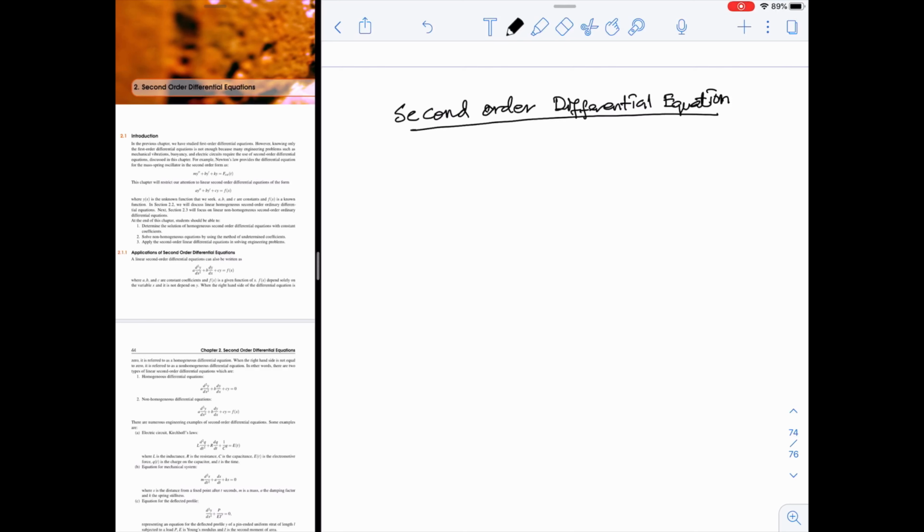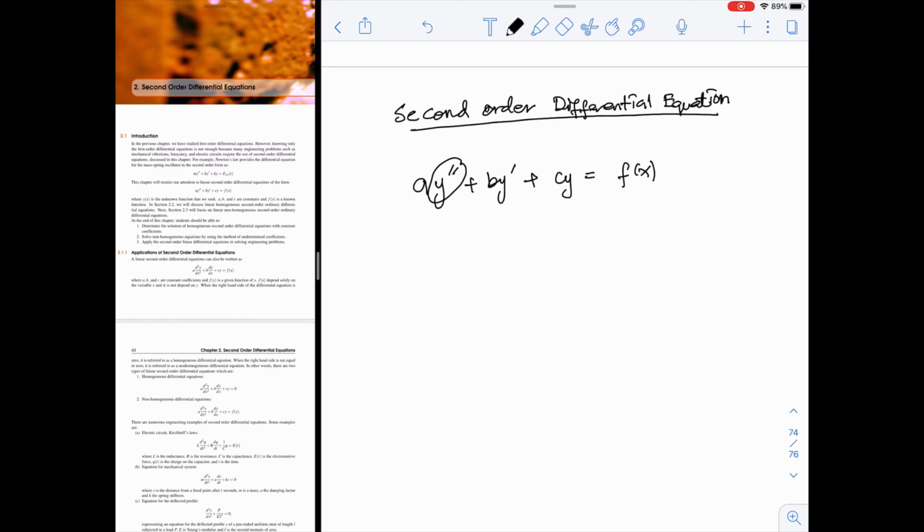Its general form is a y double prime plus b y prime plus c y, and then we have a function on the right hand side.